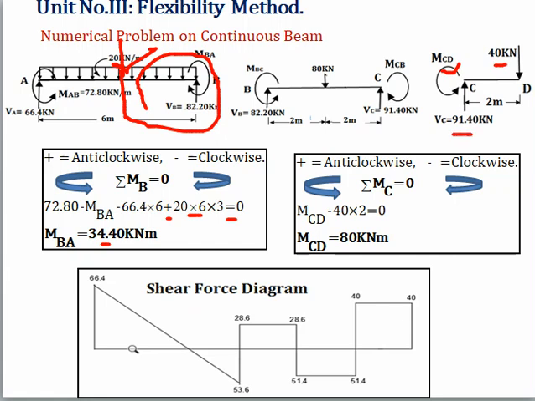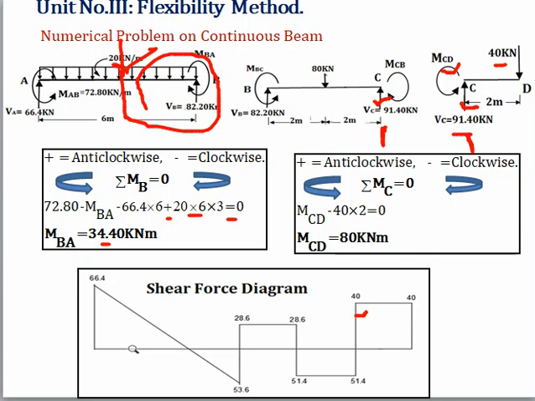Here whatever reaction is shown, 91.40, is a combination of the reaction at C which is part of the BC span, and the reaction at C which is part of the CD span. So here the reaction is 40 if you consider this load. But here we mention together the reaction at C and the reaction at C for the cantilever portion. So don't be confused here.